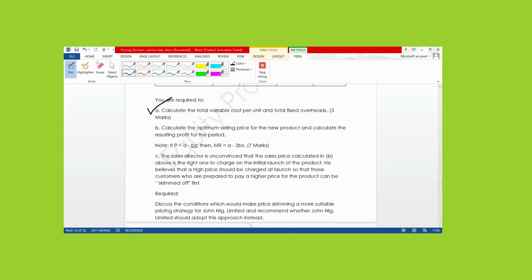He believes that a high price should be charged at launch so that those customers who are prepared to pay a higher price can be skimmed off first. Discuss the conditions which will make price skimming a more suitable pricing strategy for John Limited. Recommend whether John Limited should adopt this approach instead.